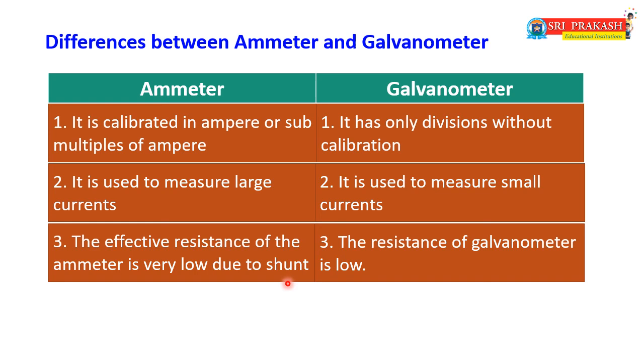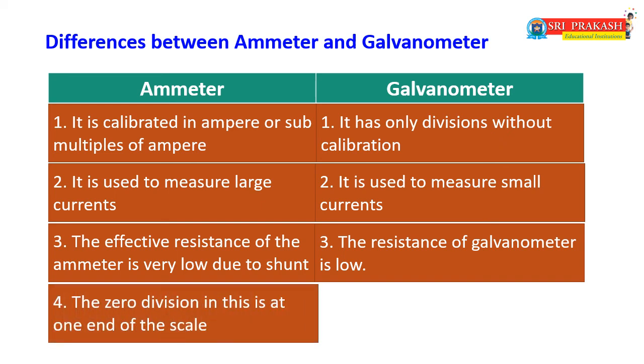Why? Because the shunt is connected in parallel. If you connect one resistor to another in parallel, the net resistance decreases; only if you connect resistances in series does the resistance increase. In the ammeter both are in parallel, so the net resistance decreases. That is why the resistance is much lower.